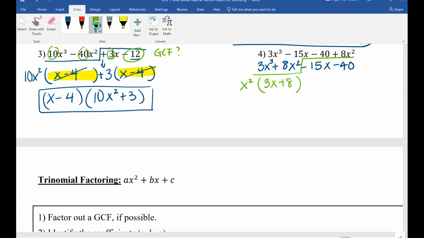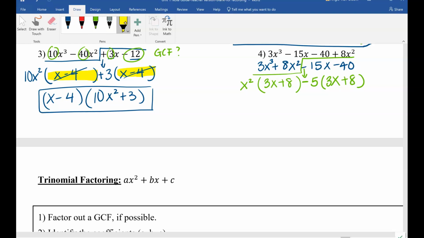I'm going to hold on tight right there. Now because this is a minus, we're going to drop the minus down. 15 and 40, I know they're both divisible by 5, so at least I'm going to try to take out a 5. Negative 15 divided by negative 5 is now positive 3x. Negative 40 divided by negative 5 is now a positive 8.